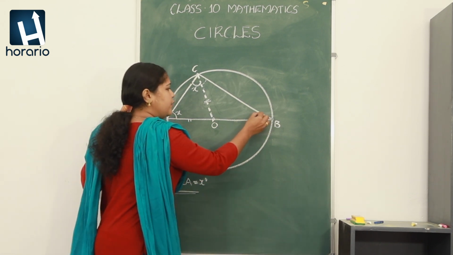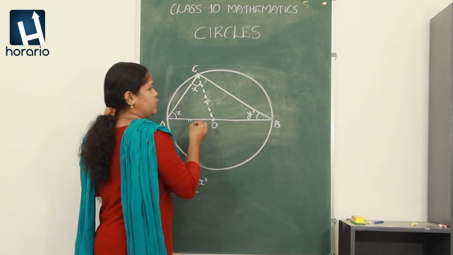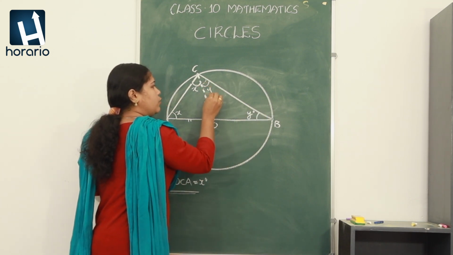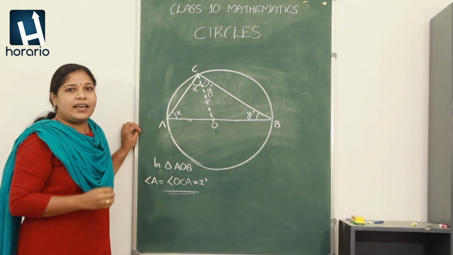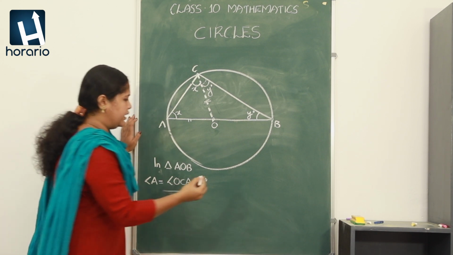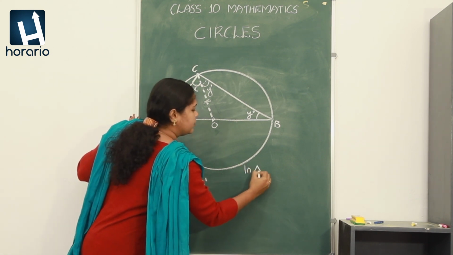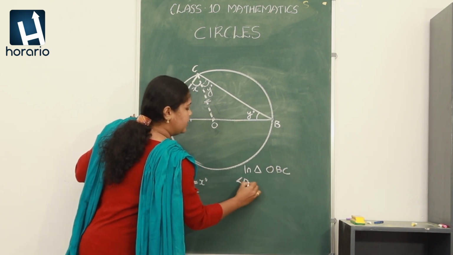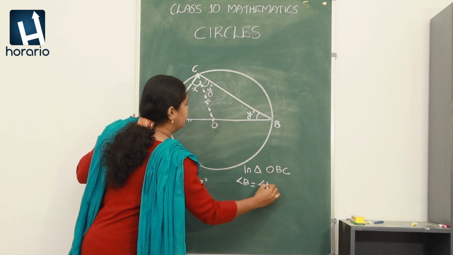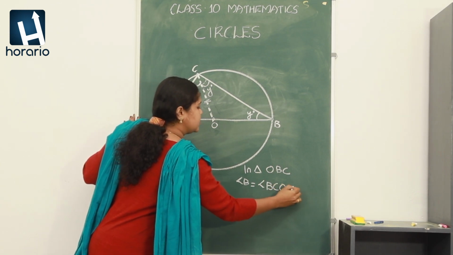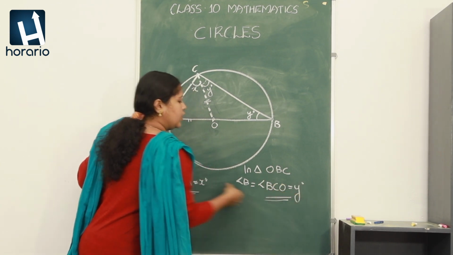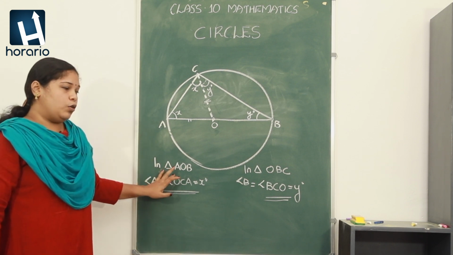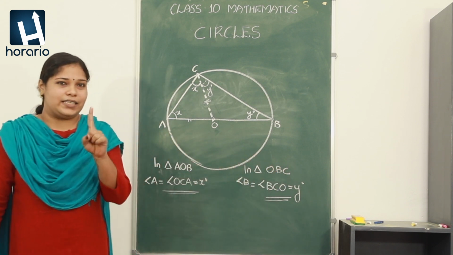If we name this base angle y, then this angle will also be equal to y degrees. So in triangle OBC, angle B is the same as angle BCO, which is y degrees, because triangles AOC and OBC are isosceles.